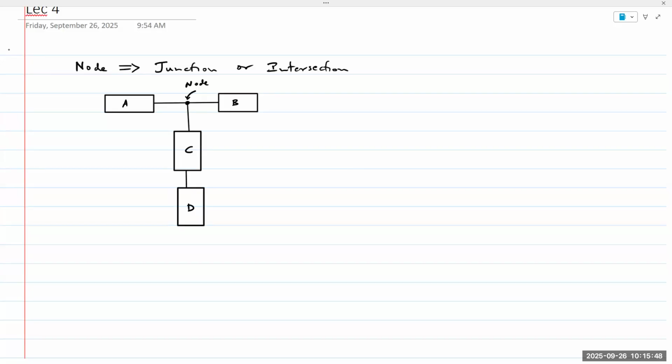So the node between C and D is not explicitly marked, yet it is still a node. Okay, so that is a node. Basically a junction point or a meeting point, whether it's explicitly marked or not.